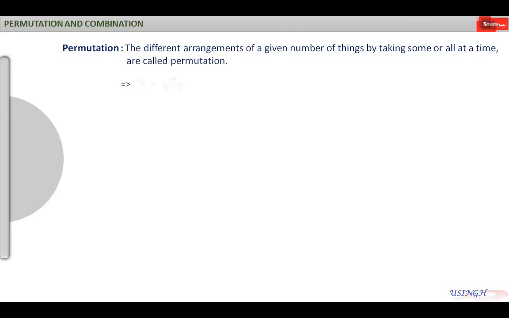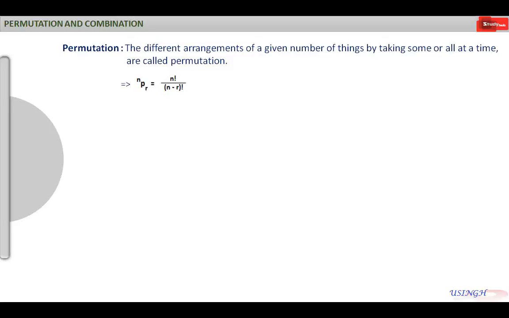This is the basic structure of permutation, that is nPr. Now what is n and what is r? n is the number of distinct objects or values, and r is the number of objects taken at a time. So the meaning of this structure is the number of possible permutations of r objects from a set of n objects.